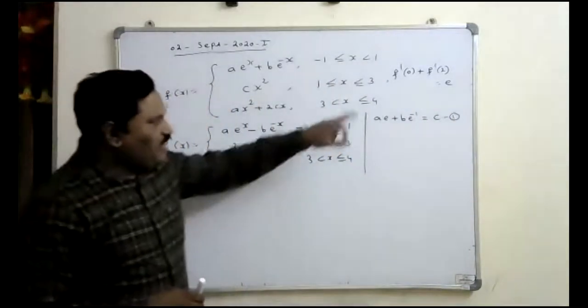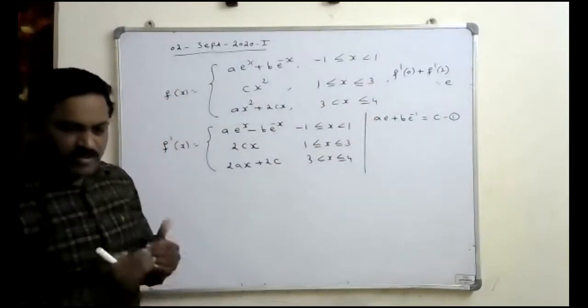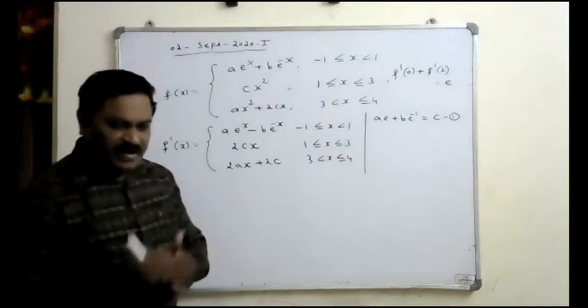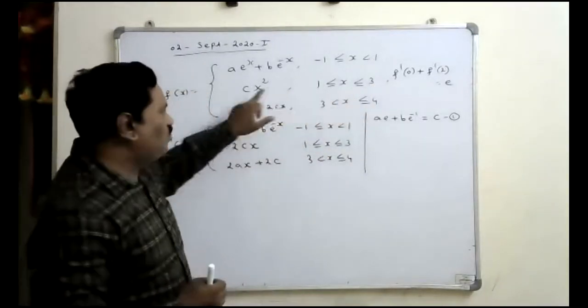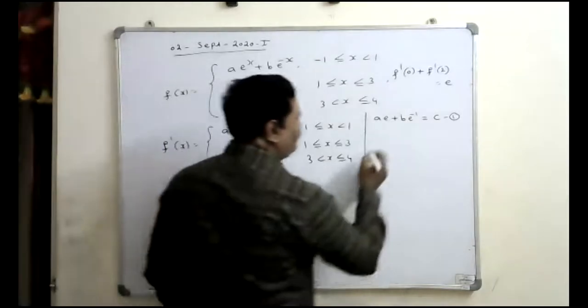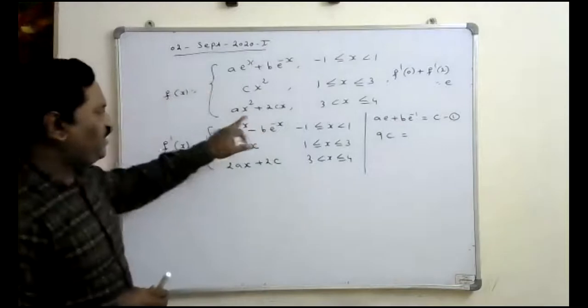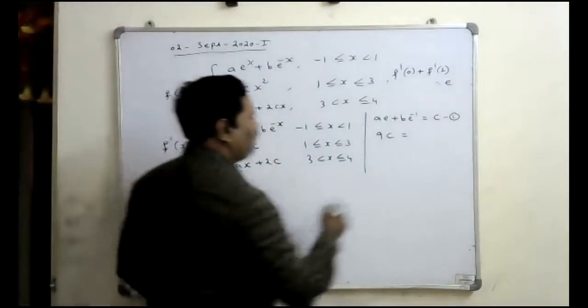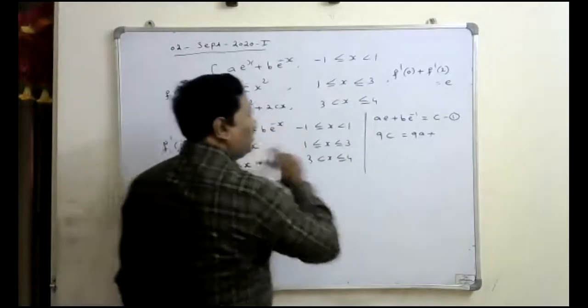Similarly, another breaking is there at 3. So at 3 also, we will equate the left hand limit and the right hand limit. Take the left hand limit, for x less than or equal to 3, substitute 3 there, which is 9c, equal to its right hand limit. Substitute 3 here: 9a plus 2c into 3, that is 6c.